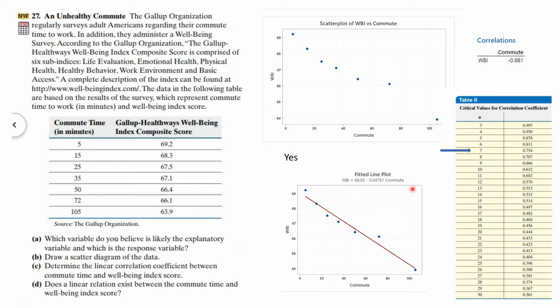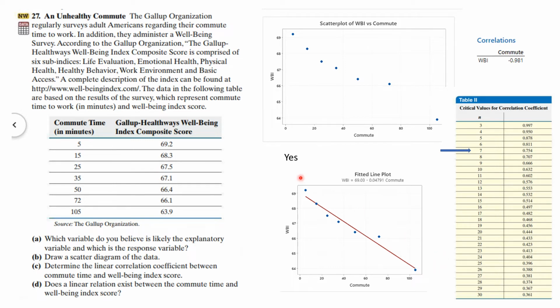And so what you can do then is, and we talked about this in the video, you can compute the least squares line. And if you did that calculation, you would find that the least squares line is WBI, the well-being index, is 69.03 minus 0.04791 times your commute time, and that's the red line that we see here.